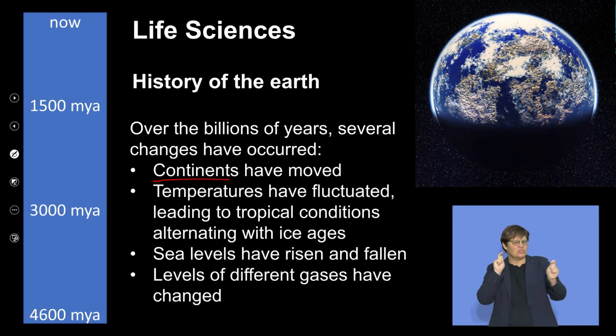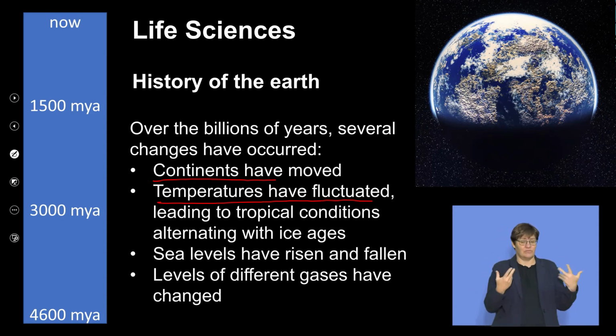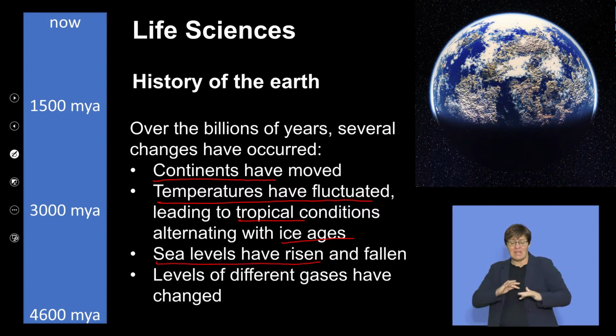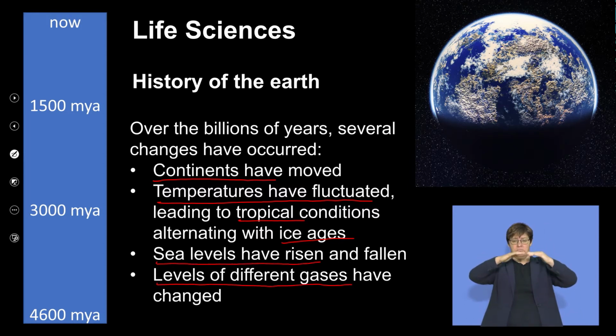The continents have moved. The temperatures have gone up and down, leading to tropics and ice age conditions. Sea levels have risen and fallen, and the levels of different gases in the atmosphere have risen and fallen. And this has affected the animals which could live in those particular conditions.